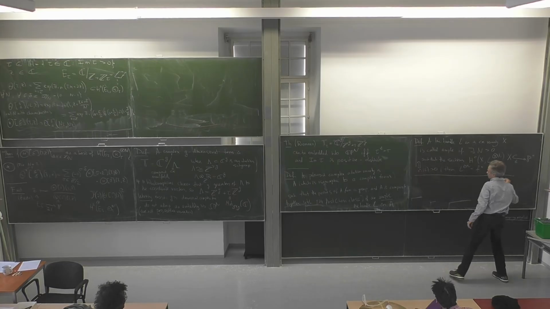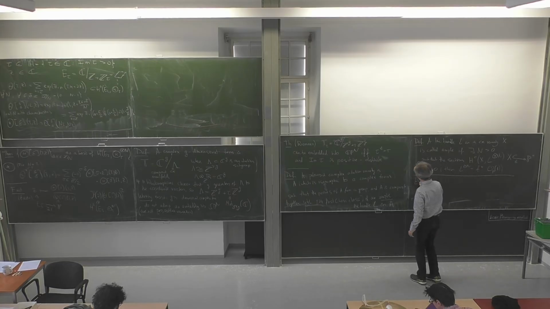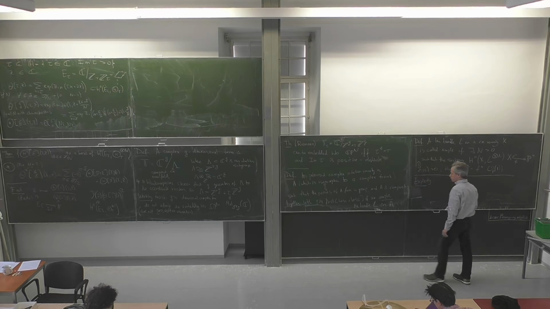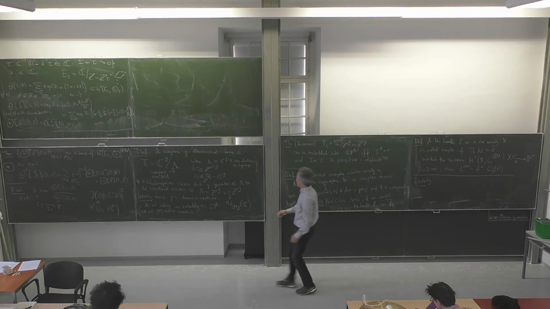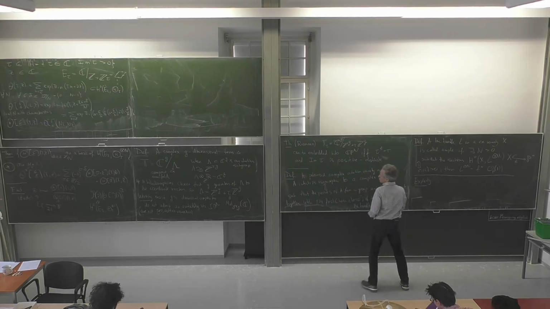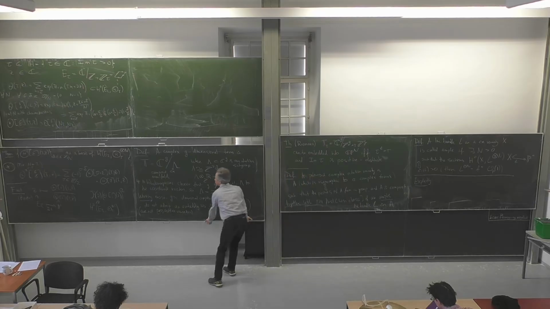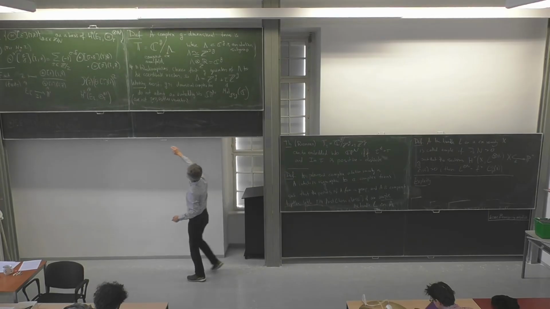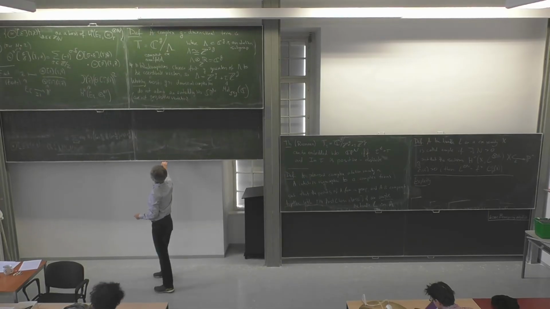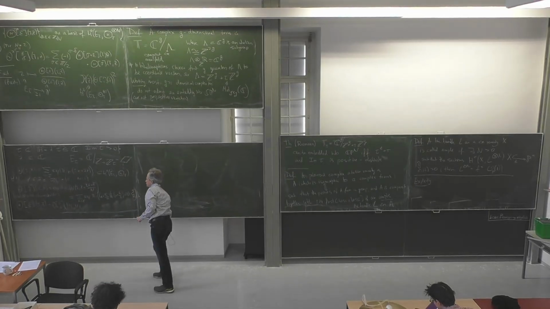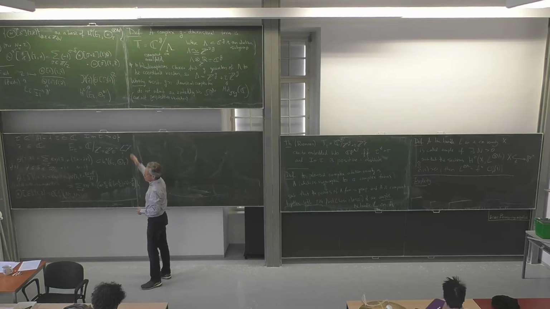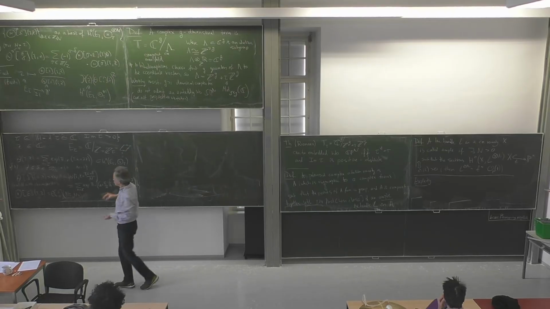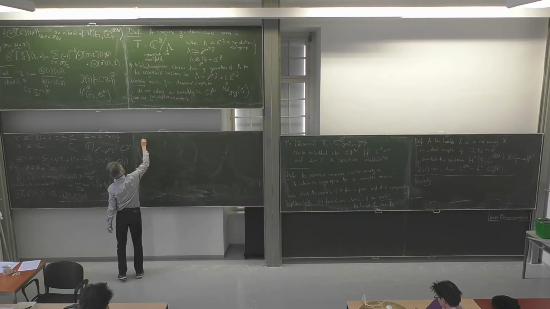So explicitly, I can define, let's go back here. So explicitly, I'll just generalize all of this. So this blackboard will be the G-dimensional generalization.